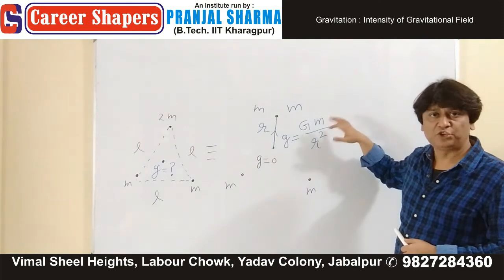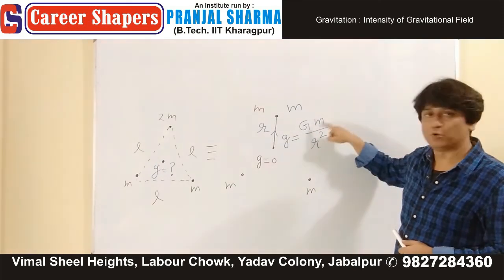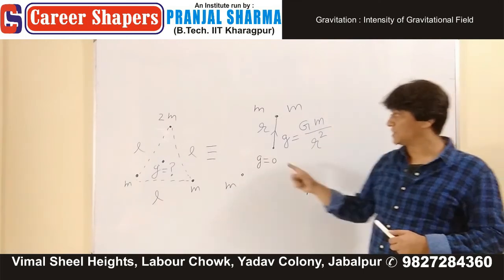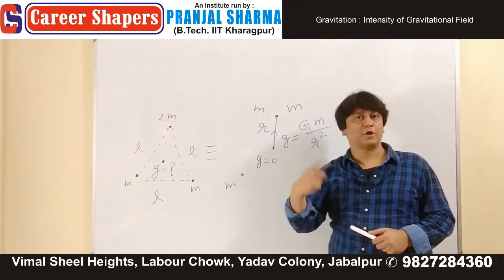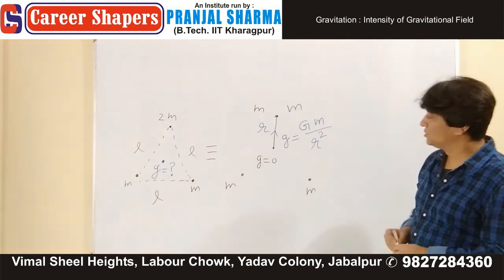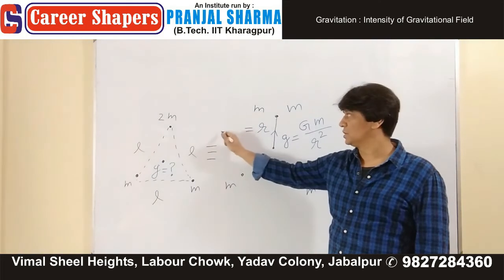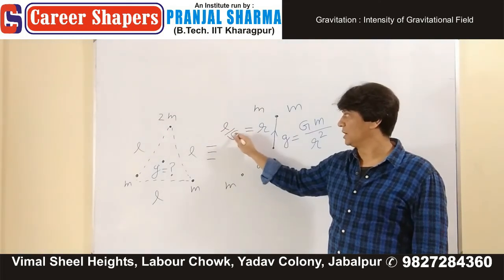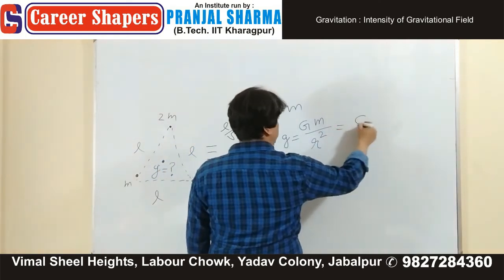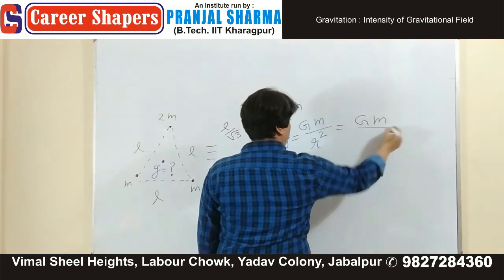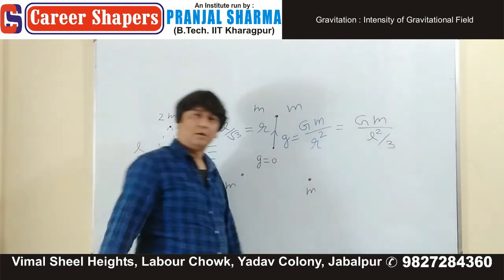People are using gm square. No, this is gm only. Once I say gravitational intensity, this is force on a unit mass. So this is your G, which is Gm by r square, and I hope you remember this r was L by root 3. So what is the answer? Gm upon L square by 3.